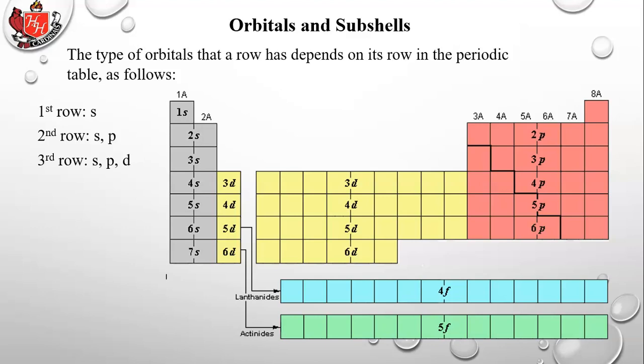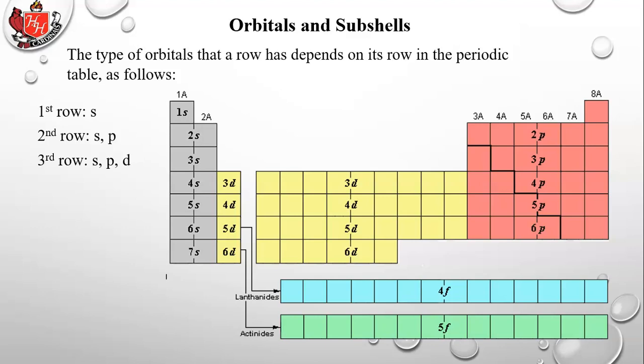So you can see that the elements sodium and magnesium, Na and Mg, have a 3s orbital. Then everything over to the right from aluminum over to argon also has a 3p orbital. So argon, for example, has a 1s orbital, a 2s orbital, a 2p orbital, a 3s orbital, and a 3p orbital. That's argon, just to give you one example.